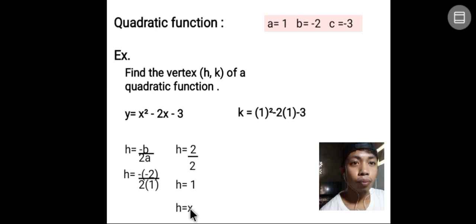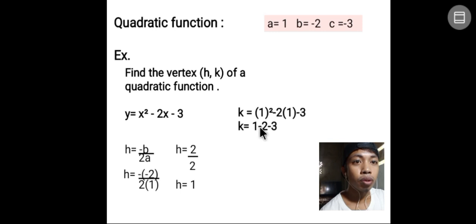So x is substituted by 1, x can be replaced by positive 1 squared, minus 2x, and 2 times 1, minus 3. This operation can be simplified as: the square of 1 is equal to 1, then negative 2 times 1 is equal to negative 2, then copy the constant negative 3. Then simplify this operation.